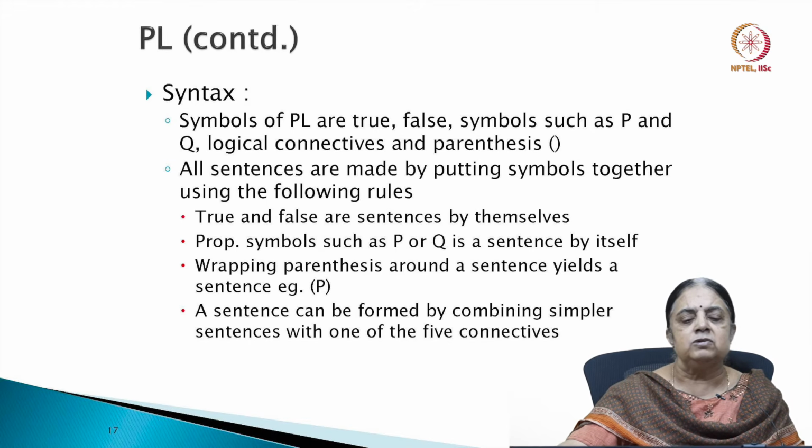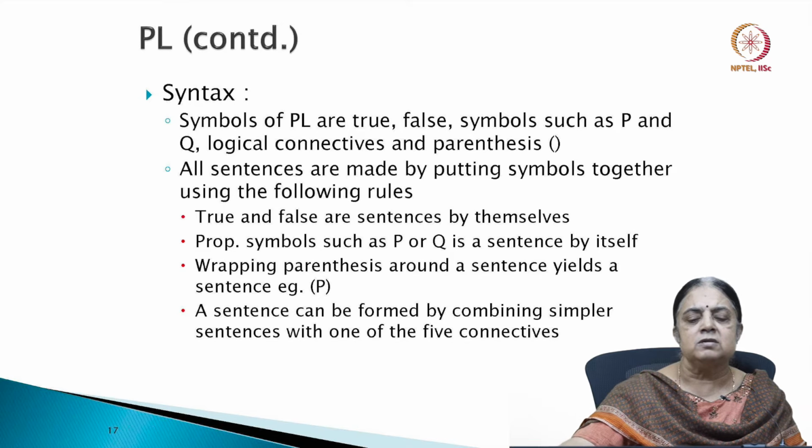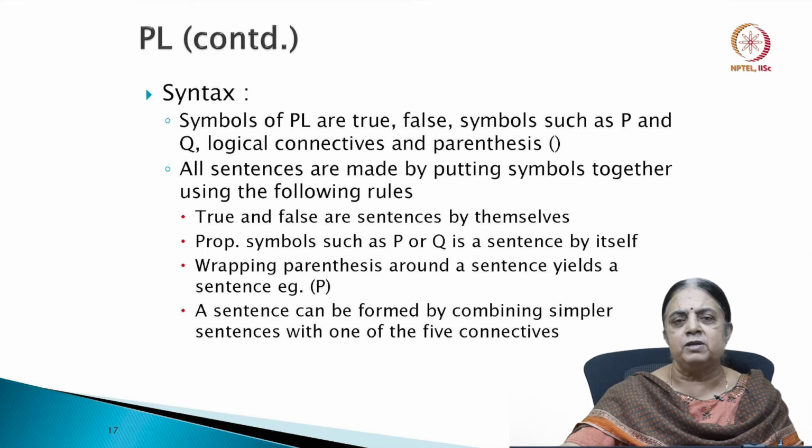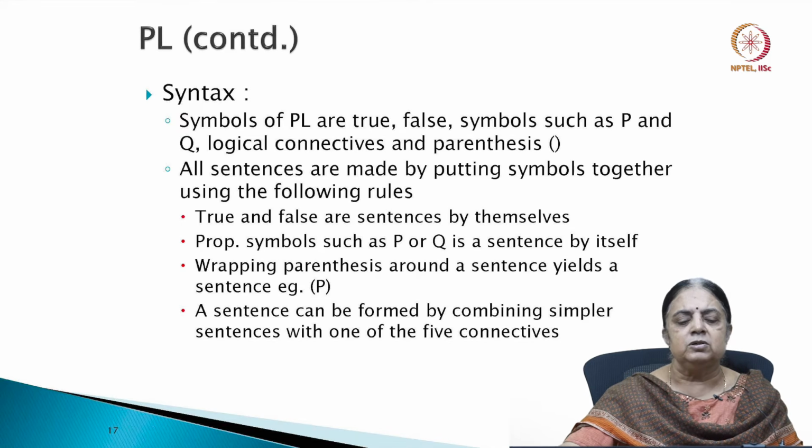The symbols of propositional logic are true, false, symbols like P or Q, A, B, whatever, logical connectives between them, and parentheses, which means if you take a sentence and put parentheses around it, that is another proposition.